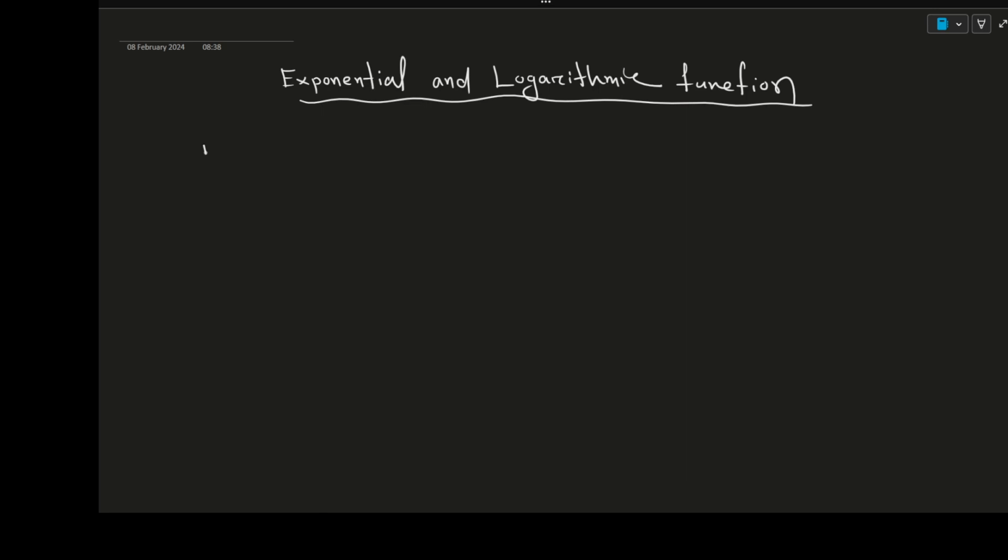So before that we'll discuss the key formula or the governing formula. We can also write log e to the base a as ln a.